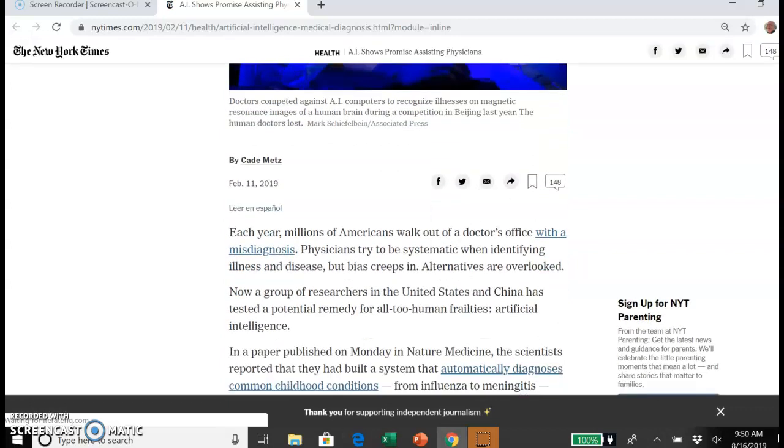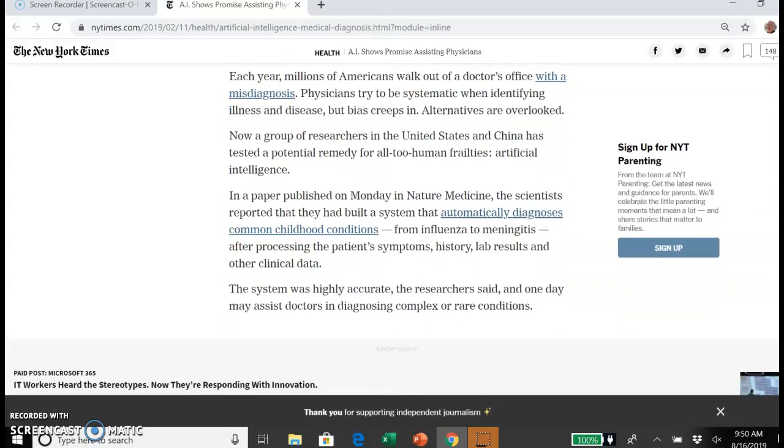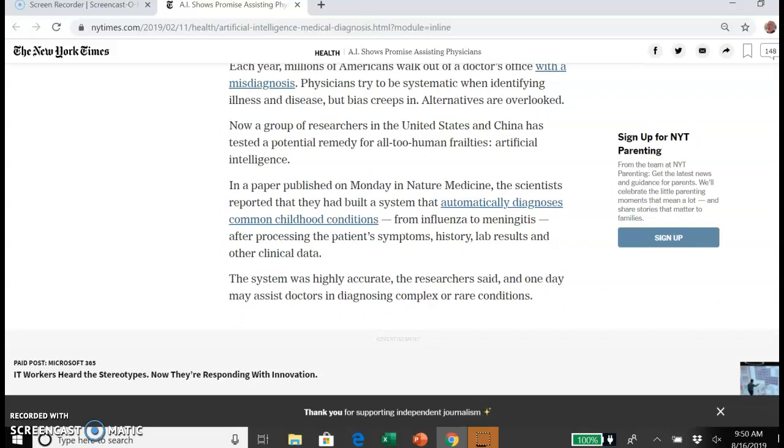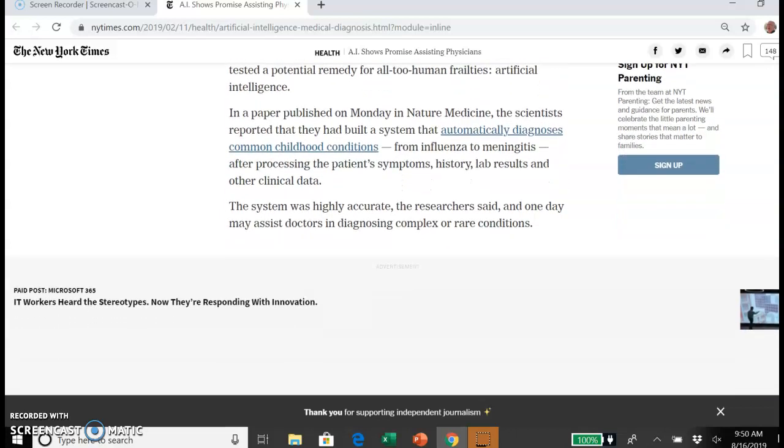Okay, and here we have a group of researchers in the US and China who have tested a potential remedy for misdiagnoses using artificial intelligence. Okay, so this was an article that was published a while back.